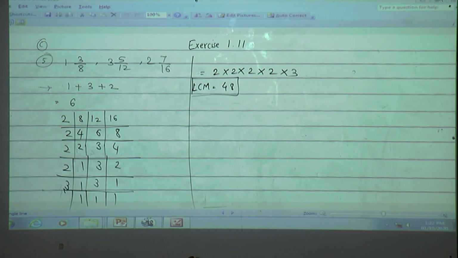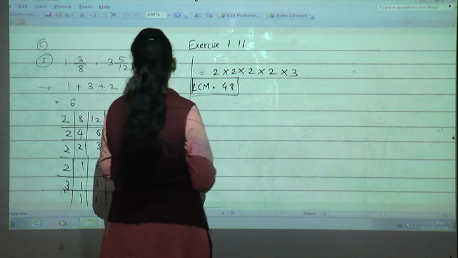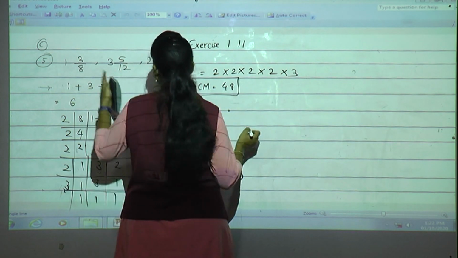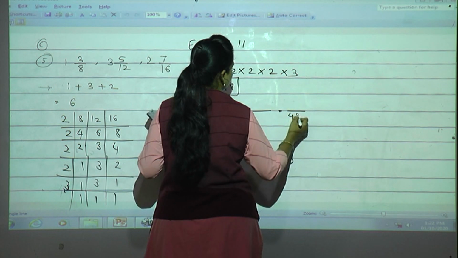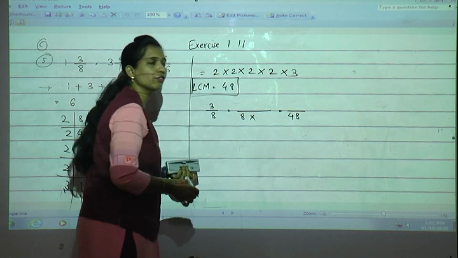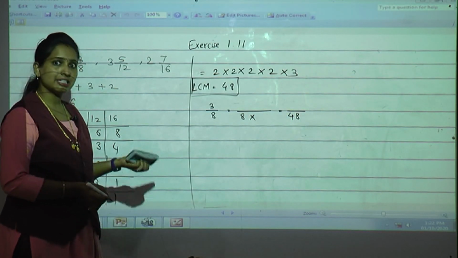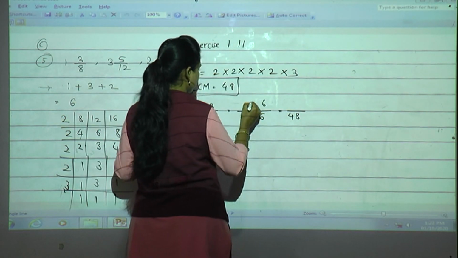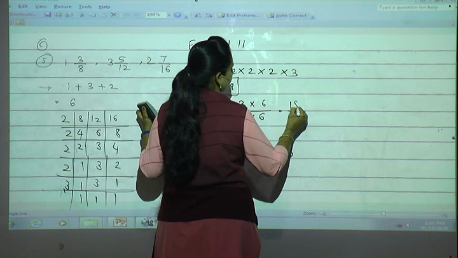Now see, once we get LCM, we need to convert. 3 by 8 I have taken, we need to multiply. The denominator should come 48. Now tell me 8 what's are 48? Yes, 8 6s are 48. So we have to multiply with 6 in the numerator place also. 6 3s are 18.